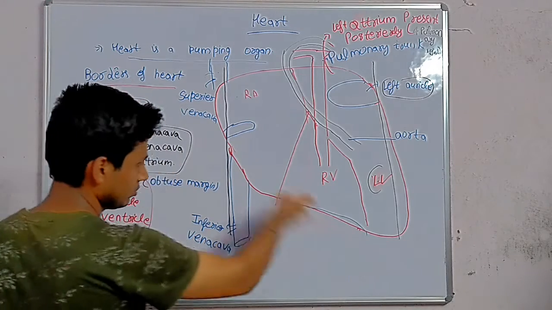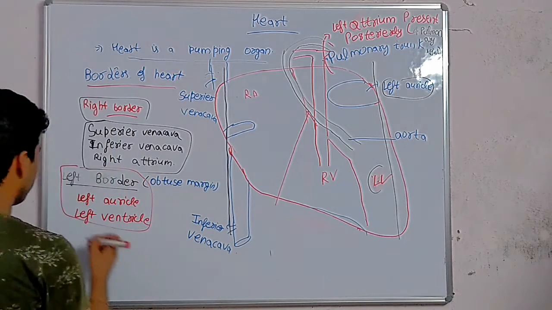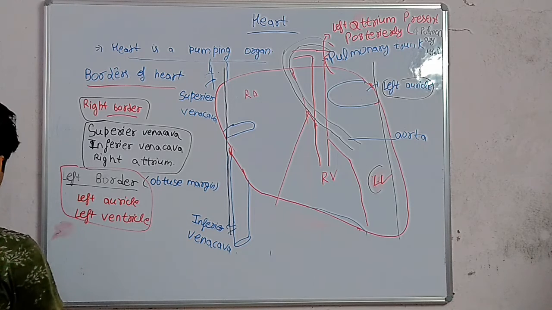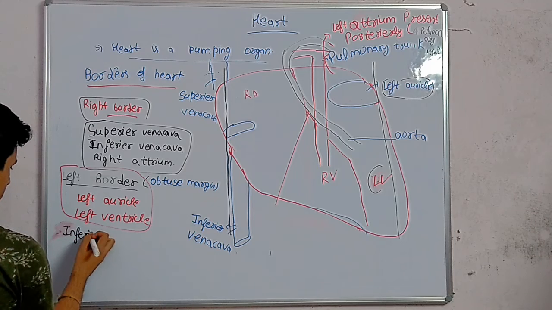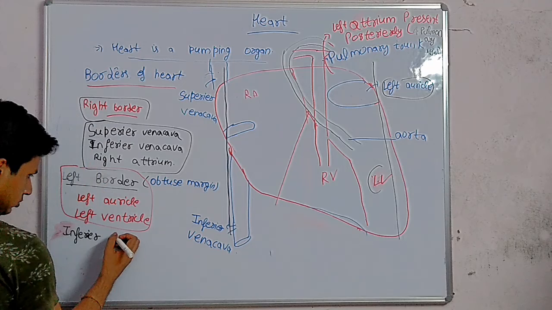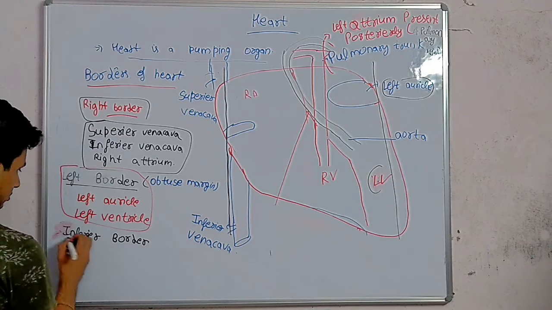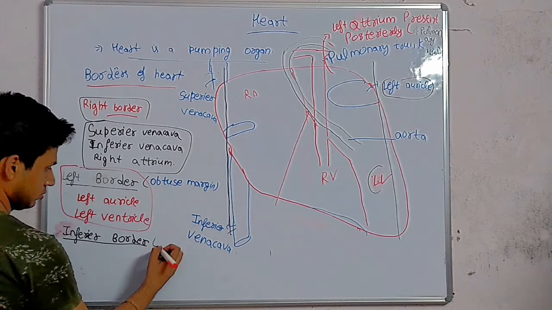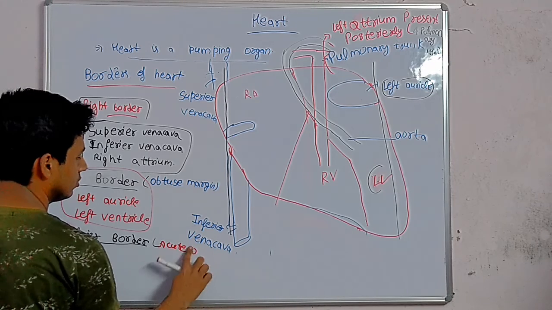Now come to this surface. This is the inferior border, also called acute margin.